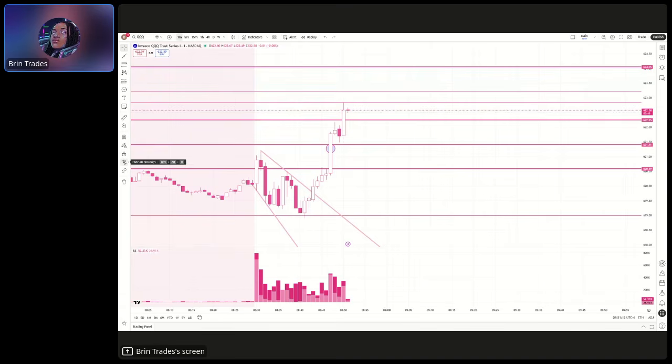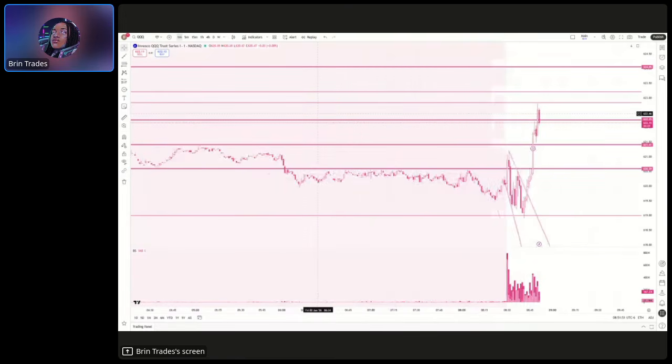Let's see what I've got here. Contracts are down 30%. I haven't sold any contracts yet. But it looks like price is treating these gaps as support and resistance.